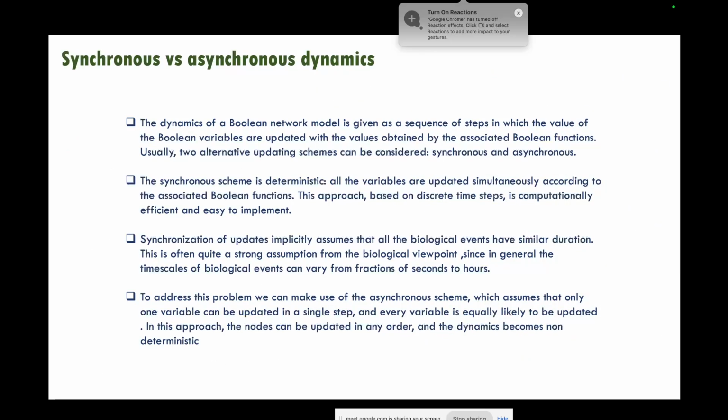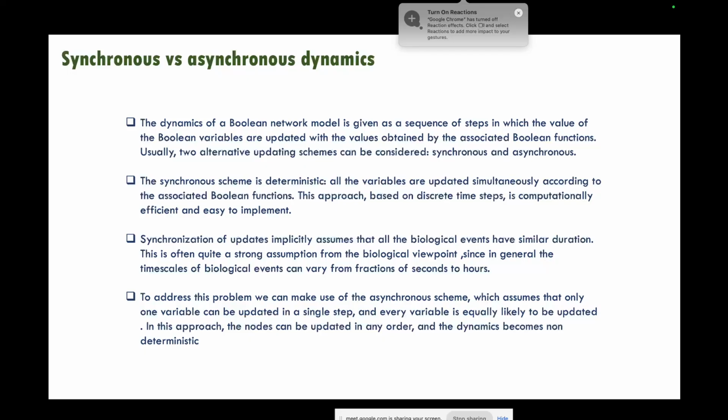Okay, so if you talk about the synchronous nature of these Boolean networks, the dynamics of a Boolean network model is given as a sequence of steps in which the values of the Boolean variables are updated with the values obtained by the associated Boolean functions. Usually two alternative updating schemes can be considered: one is the synchronous scheme, and one is the asynchronous scheme.